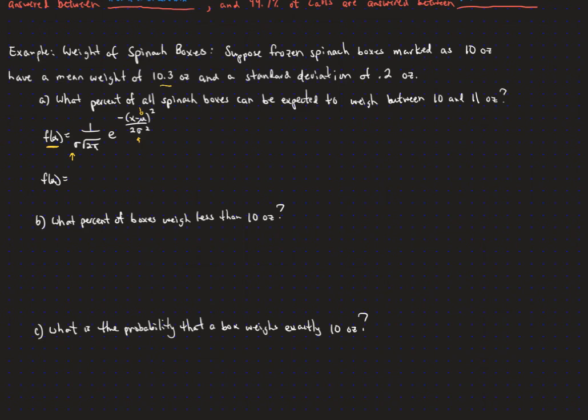So our f of x is going to be 1 over 0.2 times the square root of 2 pi times e raised to the negative x minus 10.3 squared all over 2 times 0.2 squared.